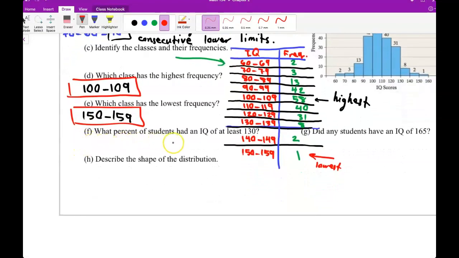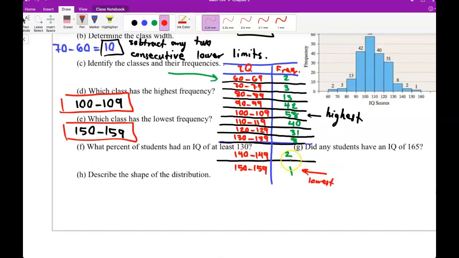Part F, what percent of students had an IQ of at least 130? Well, at least 130, so we have 130 or higher. And the frequency is these 3 classes, with frequencies 8 to 1. We have 8 plus 2 plus 1.